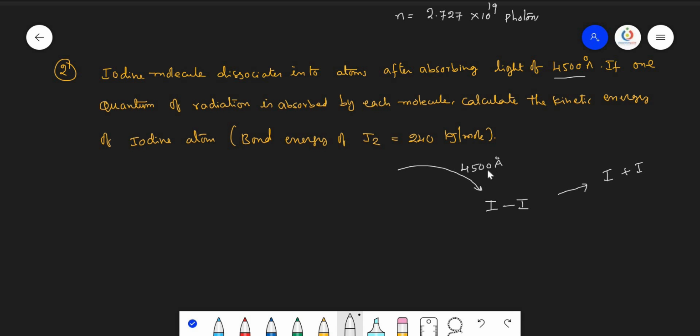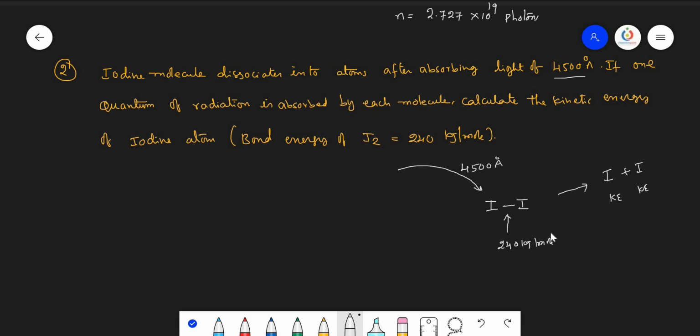So this much amount of energy was absorbed by the iodine, so that the bond between the iodine molecules has been broken, and later they got separated and they started traveling. Now they are asking what is the kinetic energy of each of these iodine atoms, and the energy required to break this bond, they said 240 kilojoules per mole.